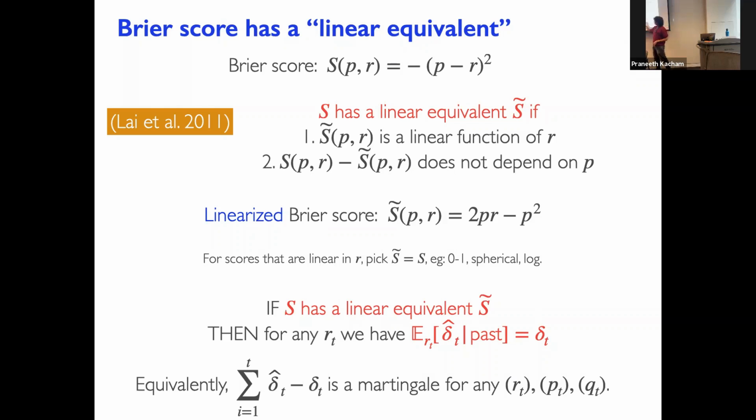The increment in the sum is mean zero. So it's a sum of mean zero increments. That's a random walk, basically, and that's what a martingale is. The nice thing is it's a martingale for any reality you hypothesize, and no matter what P_t and Q_t these forecasters make. So it's a martingale in all of those cases.